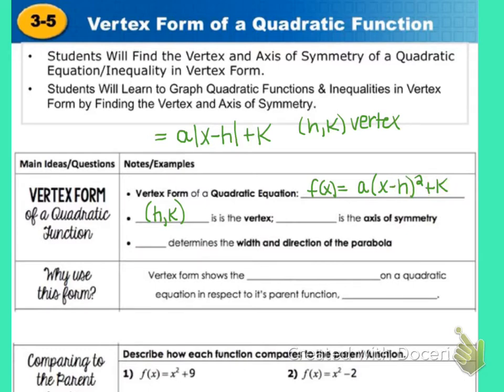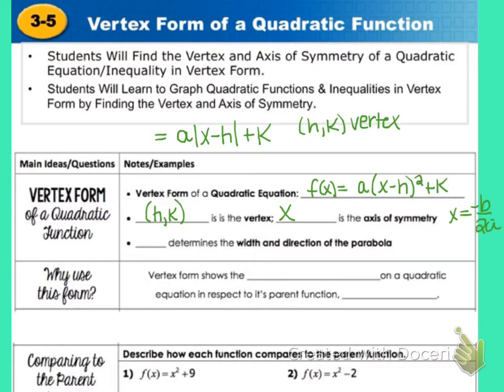Now we talked about the axis of symmetry in the last lesson, and we said that that was the line that cut right through the parabola so that each of the branches was a reflection of each other. And we said that the equation was x equals whatever the x-coordinate of the vertex was. It was x equals the opposite of b over 2a, and it turned out that that was the x-coordinate of the vertex.